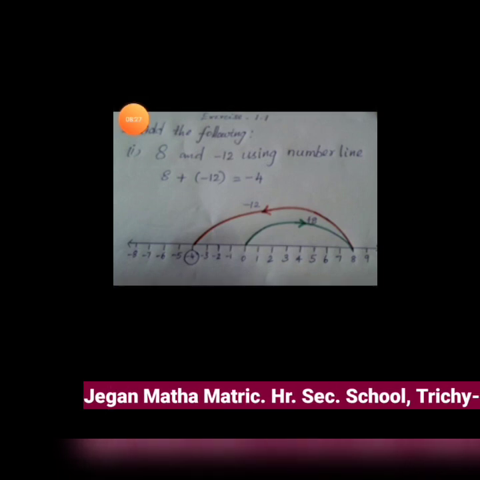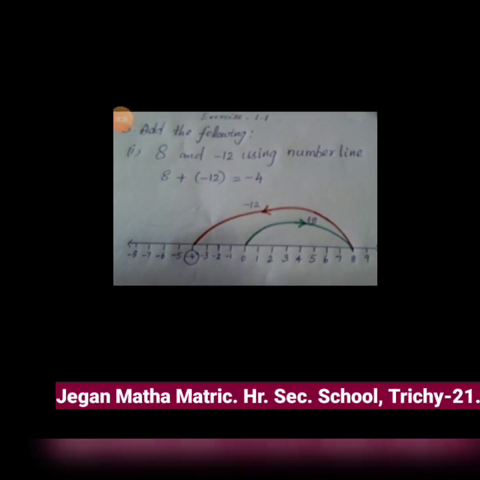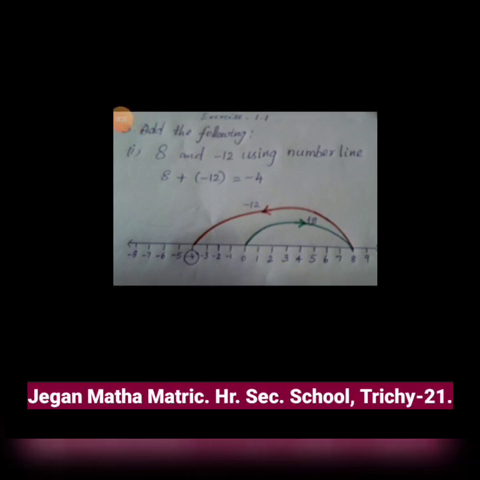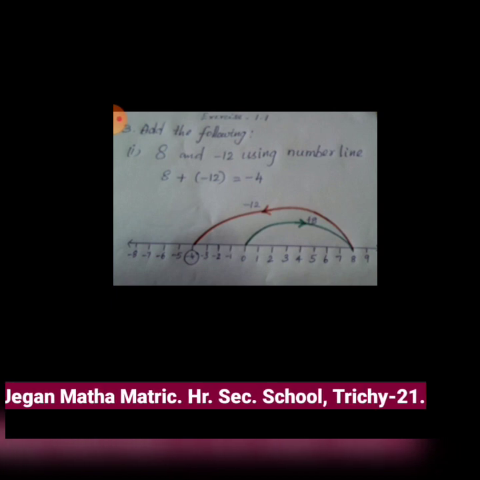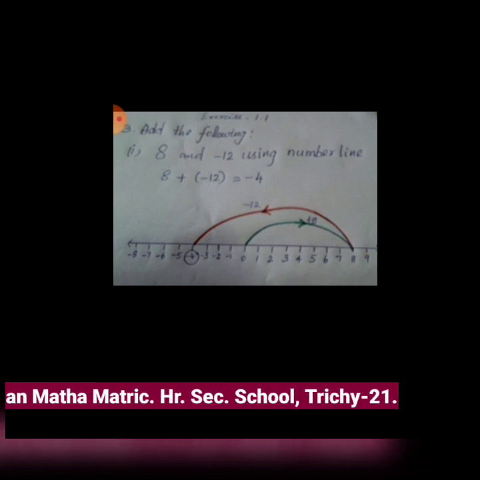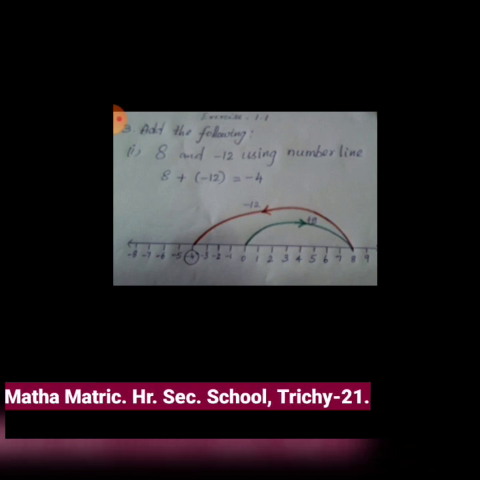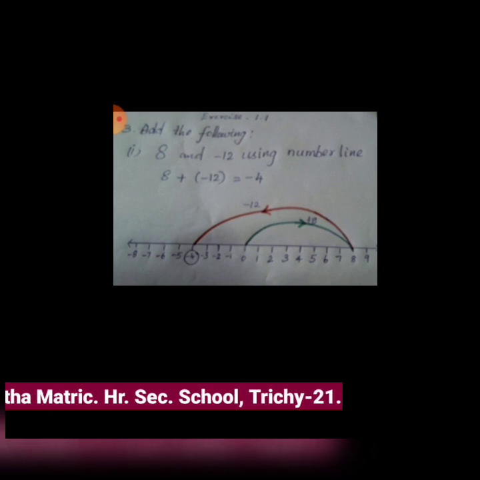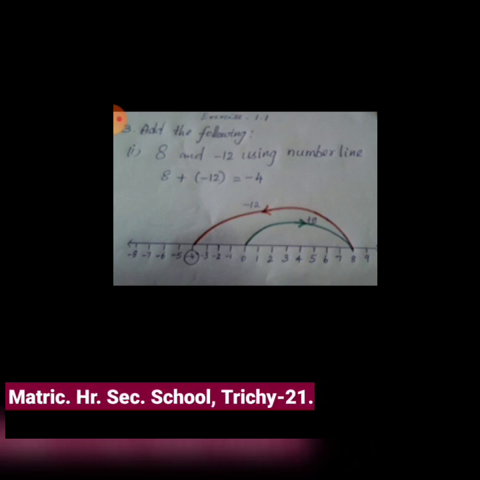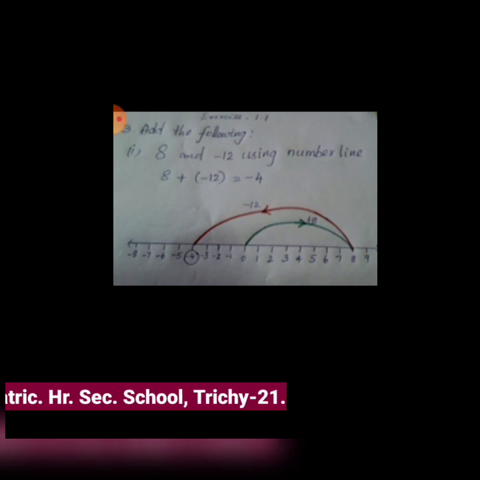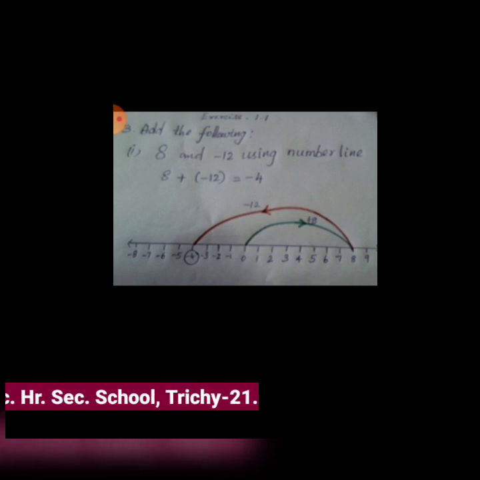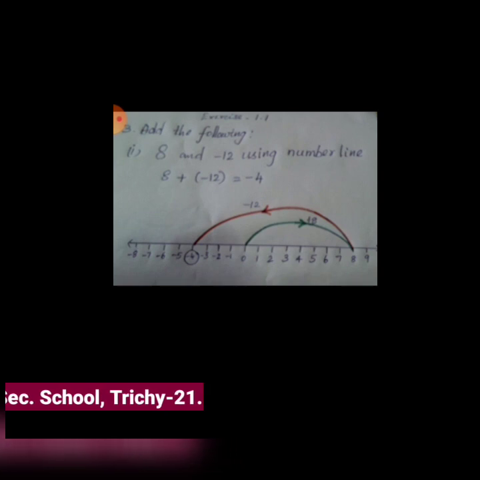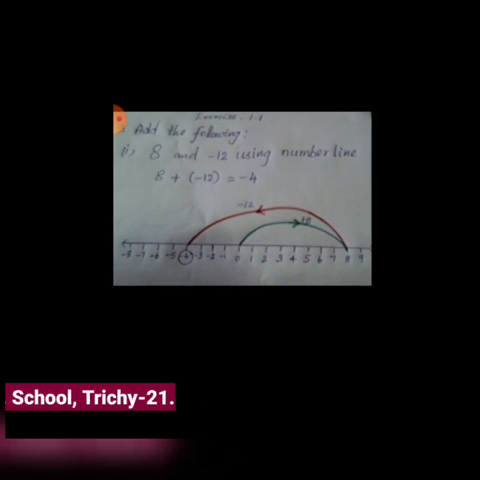Now, we work out book exercise. Exercise 1.1 in your book. The third question is, add the following in the first subdivision: 8 and minus 12 using number line. 8 is added with minus 12 by using number line.